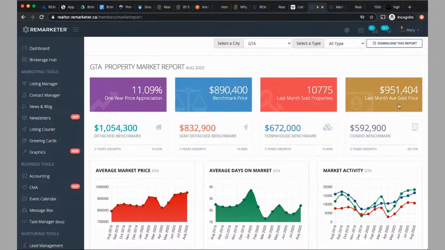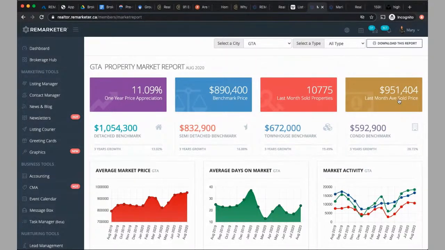The reason why we have benchmark price for analyzing trends as well as for comparison purposes is that average price or median prices are not fit for that purpose.